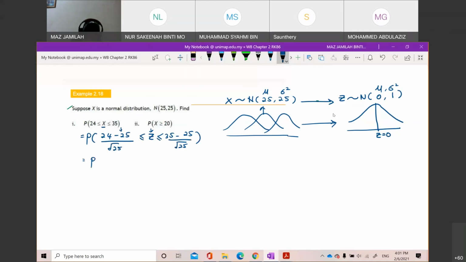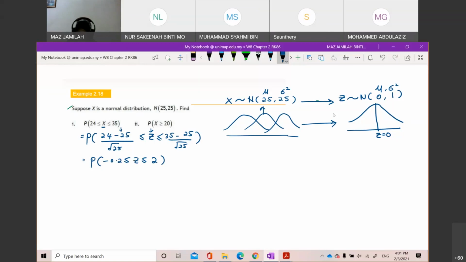So you will get P of negative 0.2 less than or equal to Z less than or equal to 2.